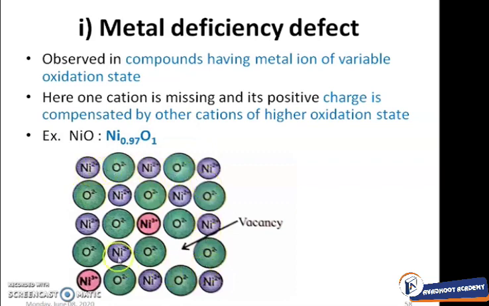Now here you can see the arrangement of cations and anions: Ni2+, O2-. So cations and anions are arranged regularly. But here there is a deficiency of Ni2+. So this is the vacancy of cation. Here Ni2+ is expected, but Ni2+ is missing from this position.